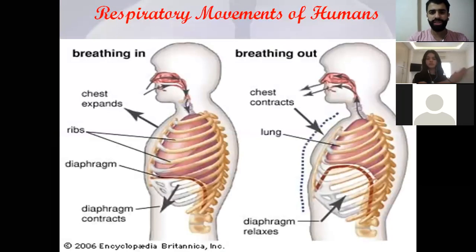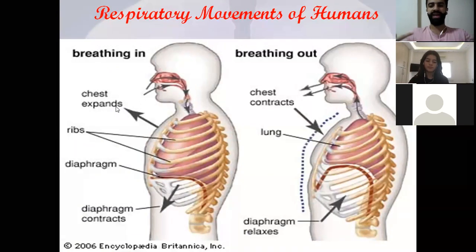Okay, so let's continue to this figure. This is a figure that shows the difference between breathing in and breathing out. Breathing in means taking air in. So whenever we inhale, the chest will expand, it will increase in size.